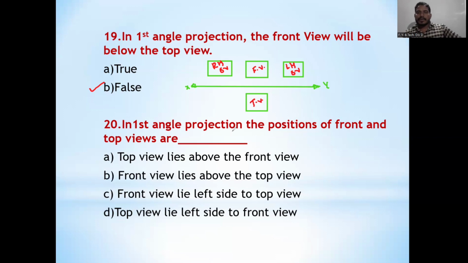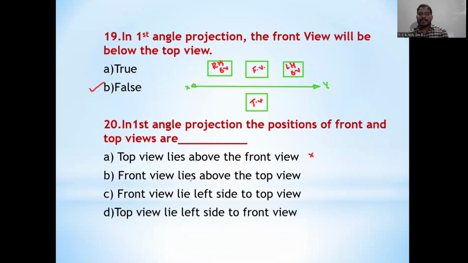In first angle of projection, how will the positions of the front view and the top view be? Okay, we'll see. The top view lies above the front view. You can check out, is it correct? The top view lies below the front view, so it's wrong.